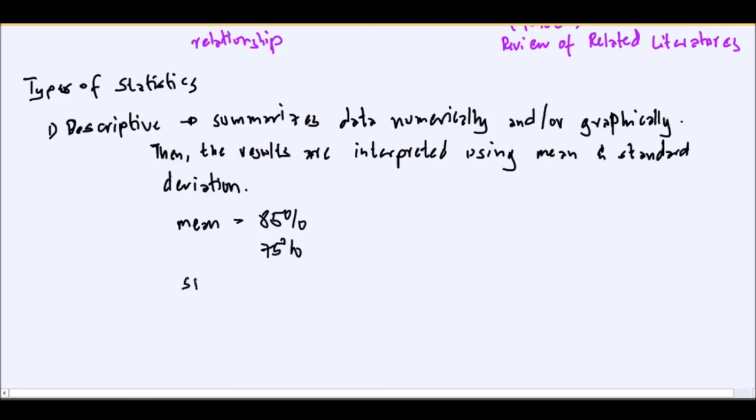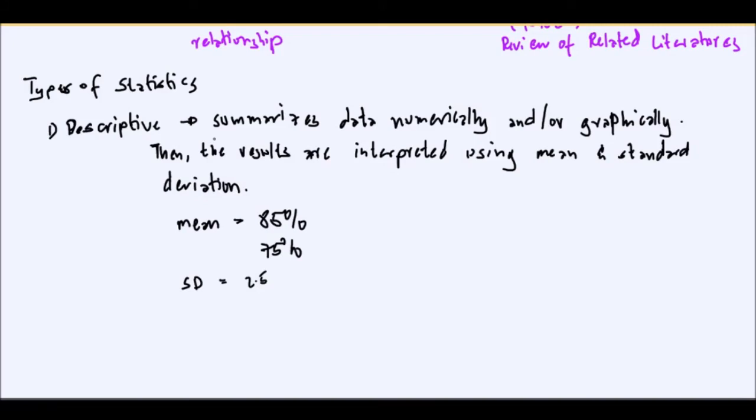If you are going to have a standard deviation, for example the standard deviation is 2.5, meaning 2.5 of the class deviates from the mean. So there is a greater chance that more students are above average, or above the 85% grade.